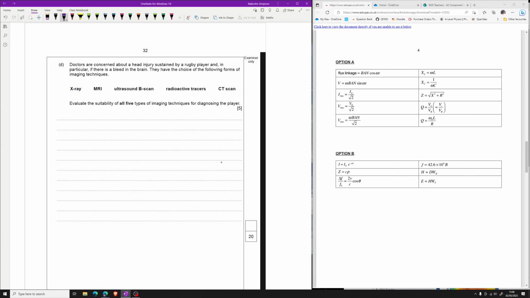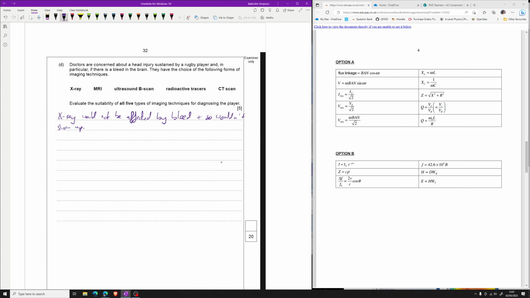So we're looking for a bleed in the brain. I don't believe X-ray can see that. X-rays are used for bones, aren't they? So I don't think that an X-ray would detect a bleed. I think X-rays would go straight through a bleed, would not be affected by the bleed, and so it wouldn't show up.